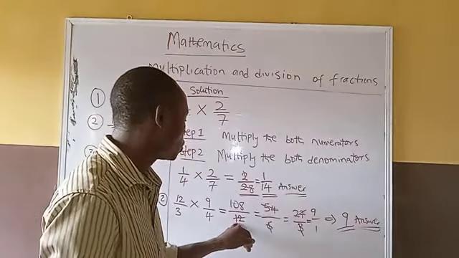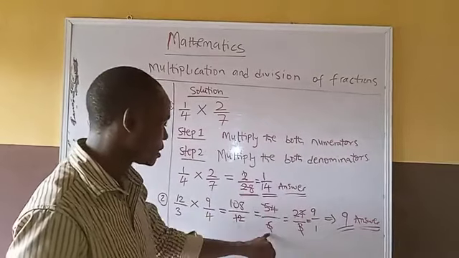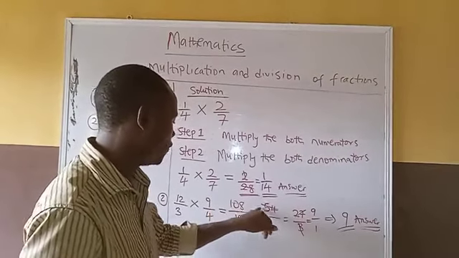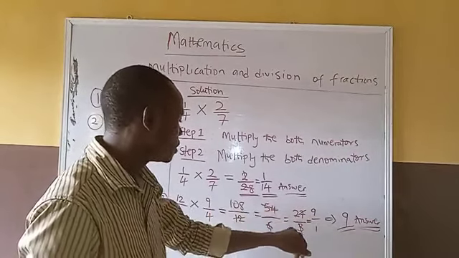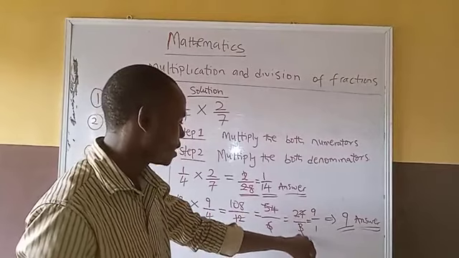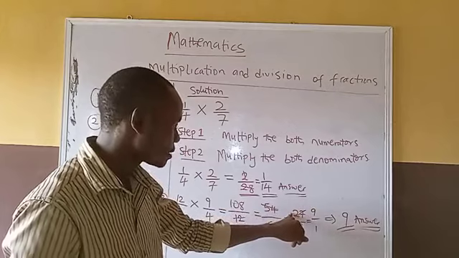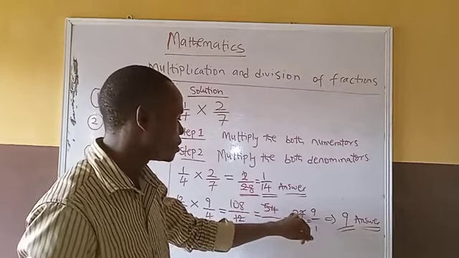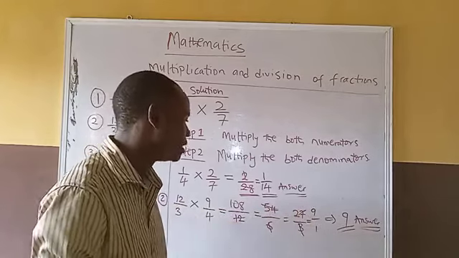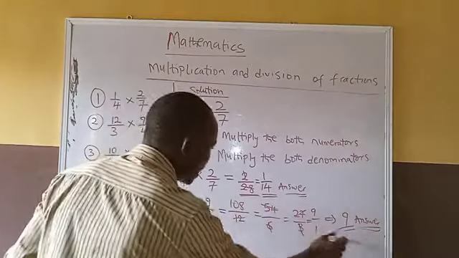That's why we broke it down. 2 into 12, 6. 2 into 108, 54, right? 2 into 6, 3. 2 into 54, 27, right? 3 now divided by 27, it will give us 9. So 9 is our answer.